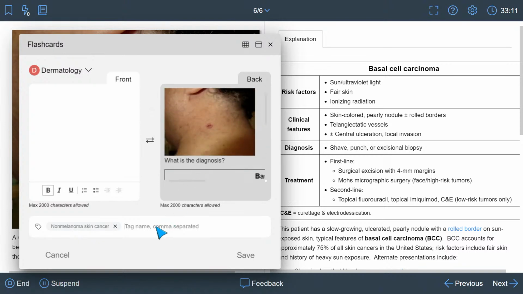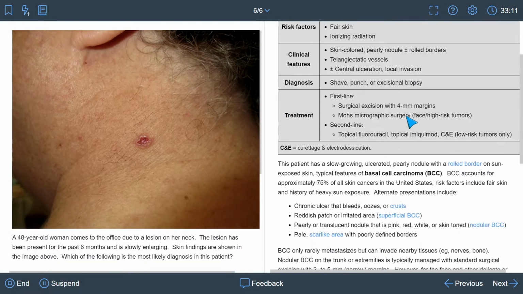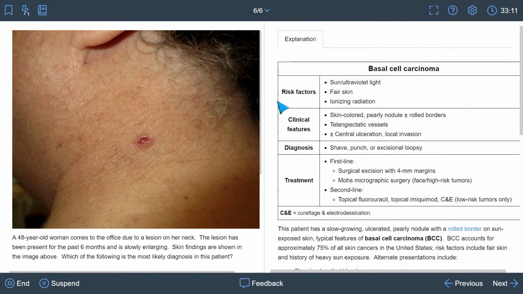Down here, you can add your own tag names. Right now it already has non-melanoma skin cancer, so you can add whatever tags you like to be able to find it quickly when you search. Just separate them each by a comma, and then you would save it. And that's going to be saved to your flashcards, which we will view in just a second.